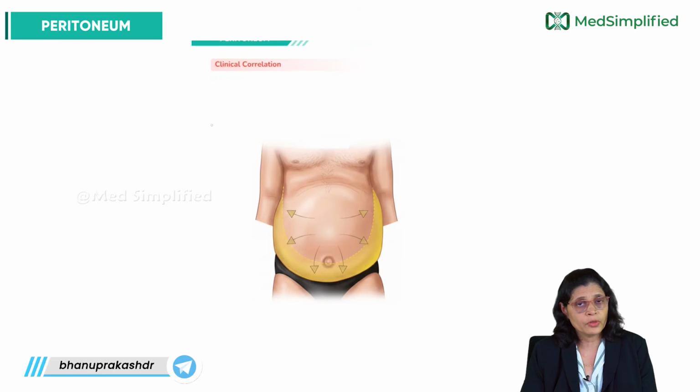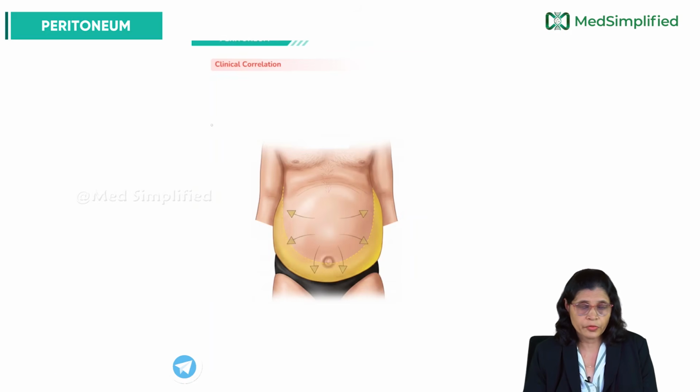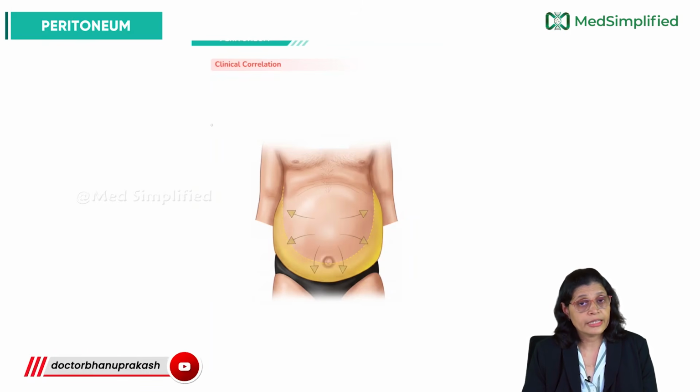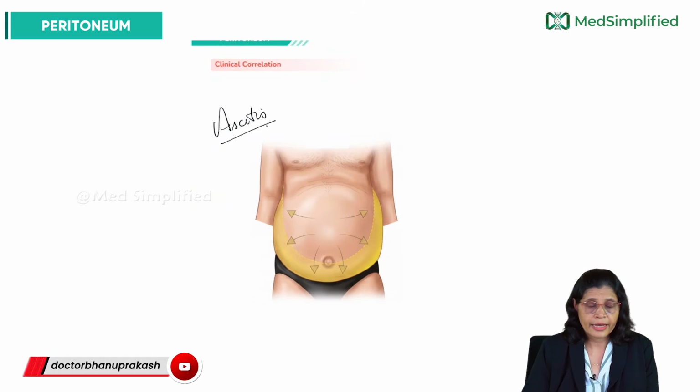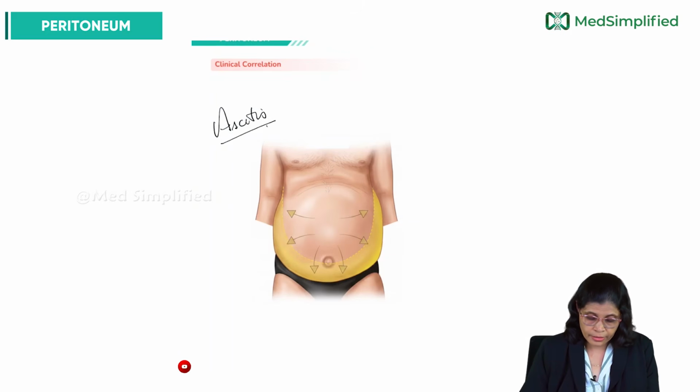Now, collection of fluid in the peritoneal cavity increases. There is a minimal amount of fluid between the two layers of peritoneum so as to lubricate and prevent friction. But when there is excessive collection of fluid, we call it ascites. So ascites is basically excessive collection of fluid within the peritoneal cavity.